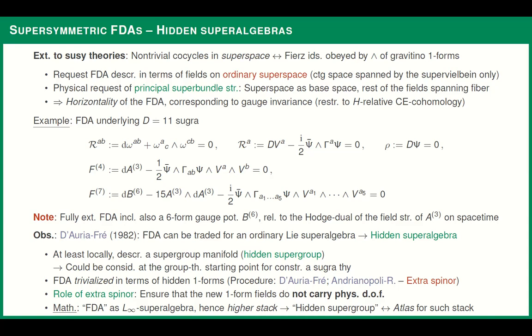Okay. And so this six-form gauge potential is related by conjugality to the field strengths of A3 on space-time. And so in the end, once you write the 11-dimensional theory, as far as I know I've never seen any construction involving B6, just A3.